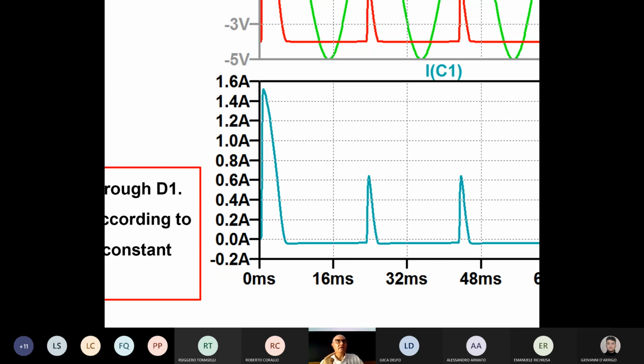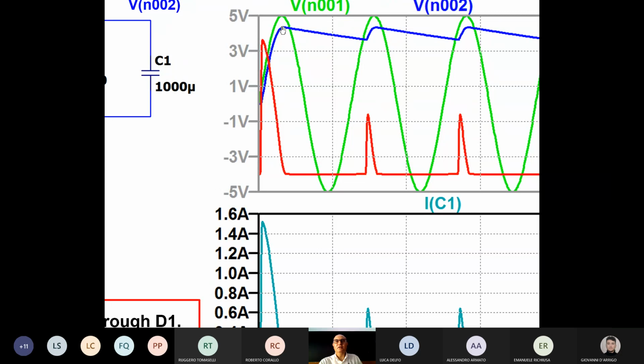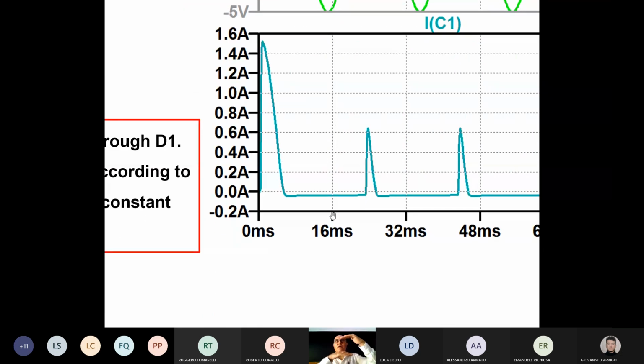It's a negative current, meaning that it's a current coming out of the capacitor, because usually in the plots, the current going into the capacitor is positive and the current going out is negative. Also, this current is almost constant. Why? Because the voltage across the capacitor is almost constant. There is a very small variation, but in this scale, which is very compressed, you can almost see the difference. You see that there is only a very small reduction in the current here.